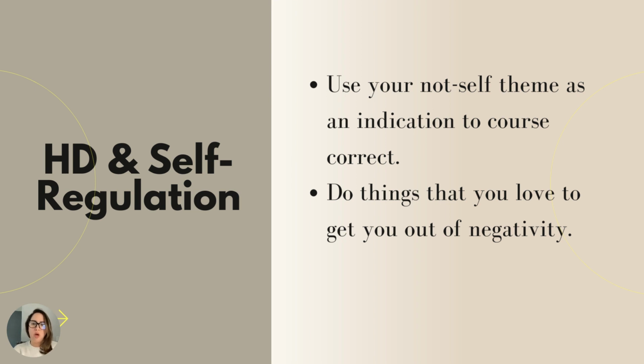So that's where the yoga, the walking, the journaling, and the meditation come into play. Just ask yourself, what is something that you truly enjoy doing that brings you back into neutrality? The self-regulation process is about removing all of those negative feelings or emotions out of your body. So once you find something that works for you, you can tap into that anytime that you're feeling like you're holding on to too much energy that's not serving you.